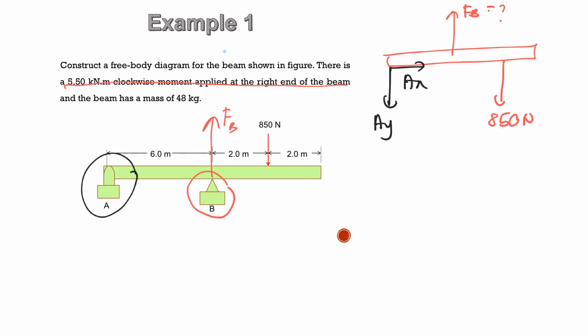It's better for you to put in all the lever arm values. It is much easier and avoids careless mistakes. So this is going to be 2 meters, and this is going to be 1 meter. Please take note, at the hinge there will be no moment.